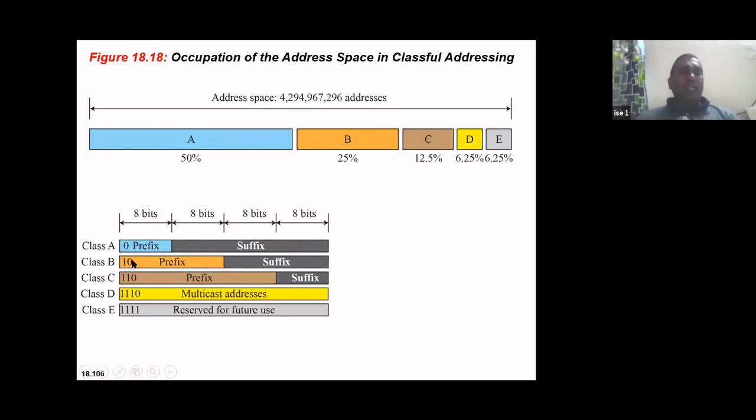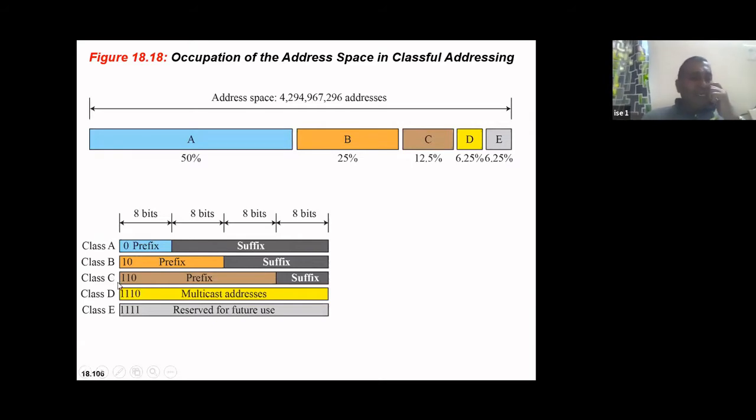Then class B starts with address 0, total 16 bits will be there, 8 plus 8 total 16 bits, and the suffix is 16 bits, right? So 2 raised to power 16, these many connections are there for hosts. You got the idea.